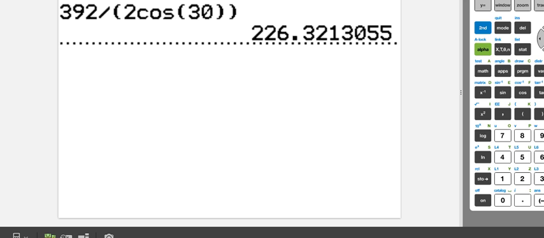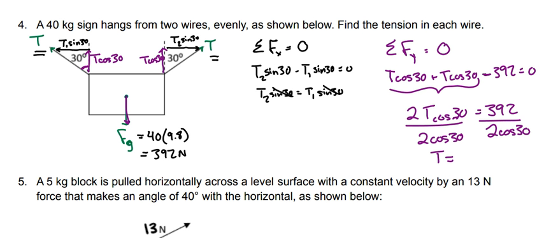And I get 226 newtons. I really only have one significant digit, but I'm going to call it 230 newtons, which is 2 significant digits.